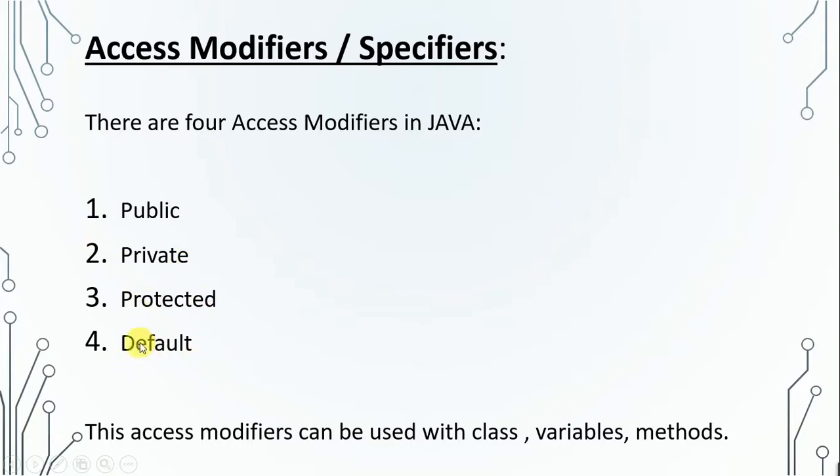Default means if you do not specify any of these access modifiers, it will be considered a default automatically; you do not need to write the keyword default. These access modifiers can be used with classes, variables and methods.